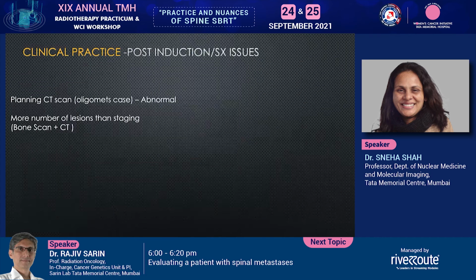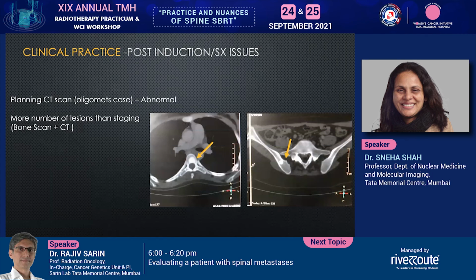Coming to a scenario in the radiotherapy department where you are doing a planning CT for a case of a known oligomet, and you know that there are more lesions seen than at staging on your CT scan, which is done for planning. This is how it appears. You see sclerotic lesions.